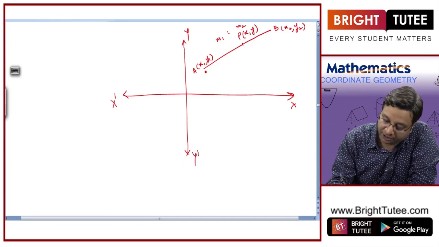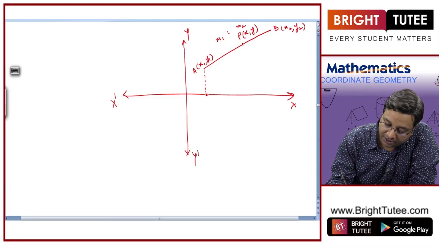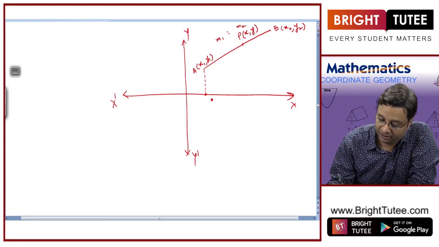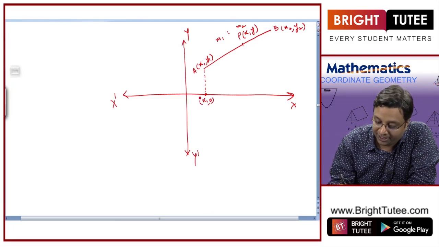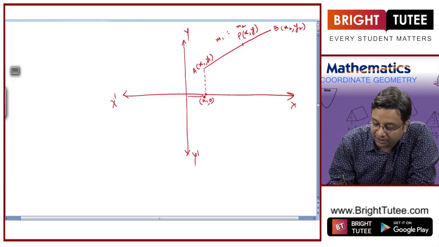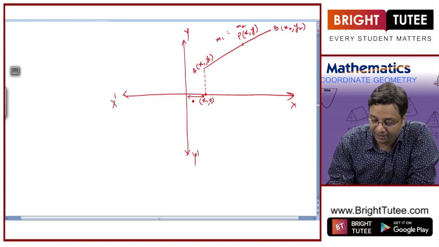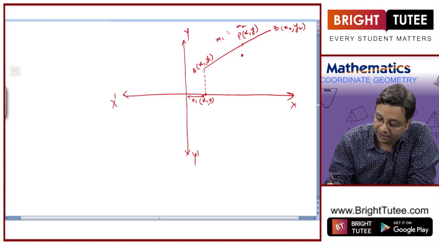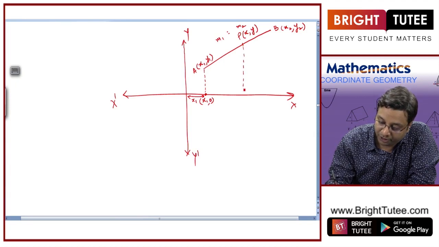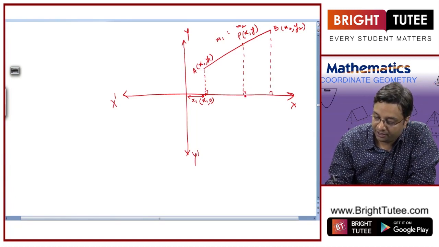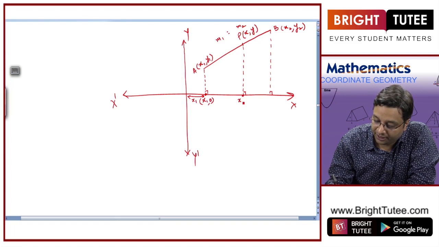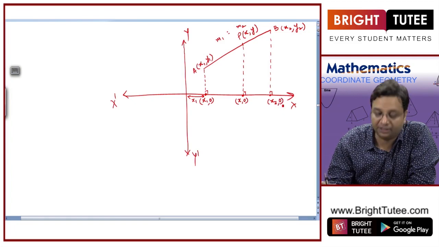Now if I ask you what this point is, it is obviously x1 comma 0. So the length of this segment is x1. Similarly, if I drop a perpendicular from point P on the x-axis and from B to the x-axis, the coordinates of these points are x comma 0 and x2 comma 0.